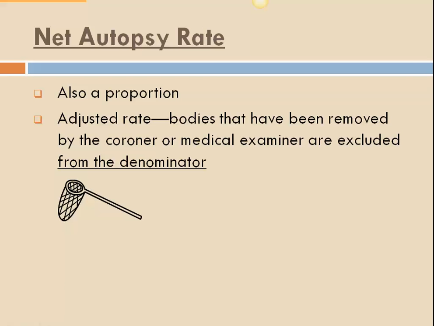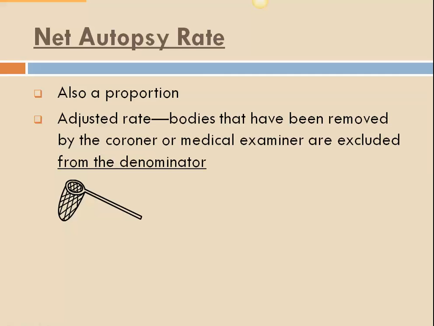Next is our net autopsy rate, and this is also a proportion. We talked about in the previous module that the net death rate was very similar to the gross rate, but that you used your net to scoop a specific population out of the denominator. Same approach for this. The net autopsy rate is adjusted.